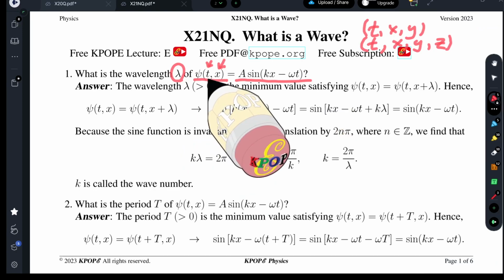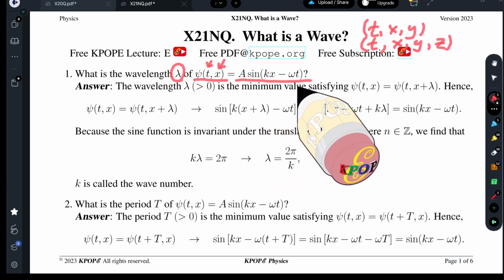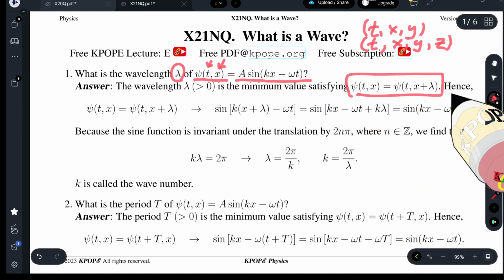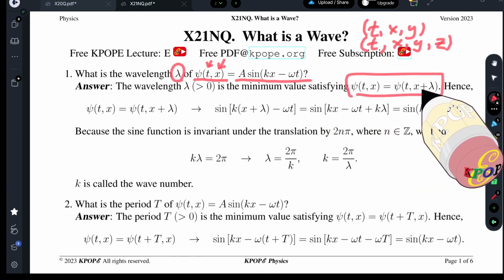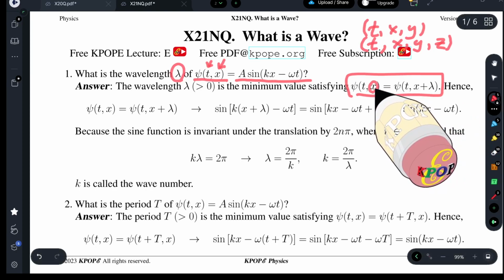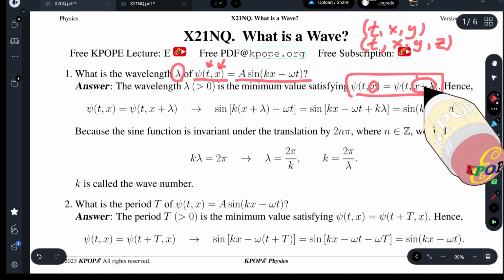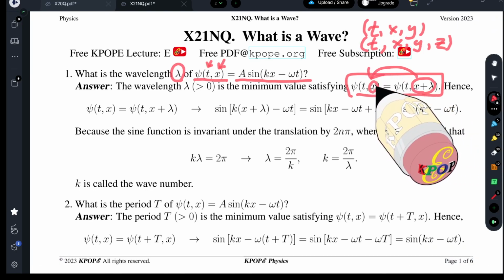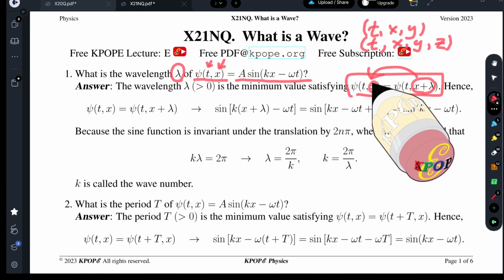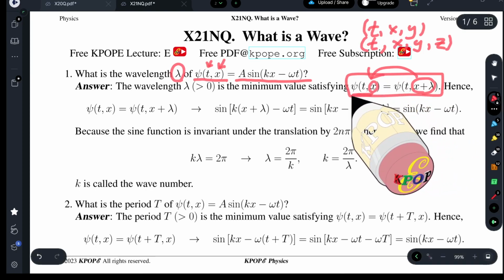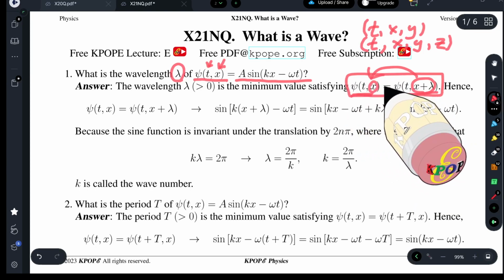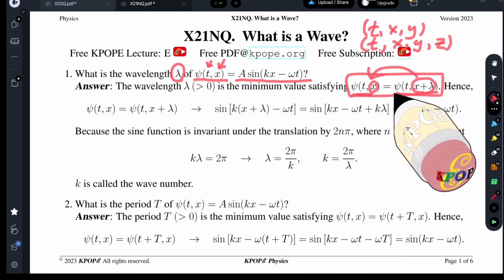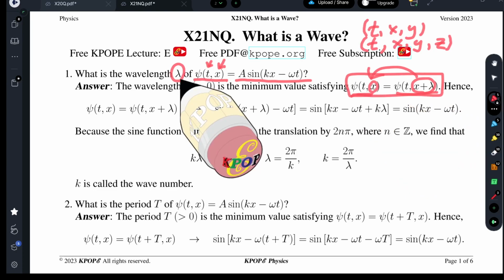The wavelength is the minimum value satisfying the periodicity. If we substitute x plus lambda for x, we have the same quantity, identical to the original wave. That is the period in space.